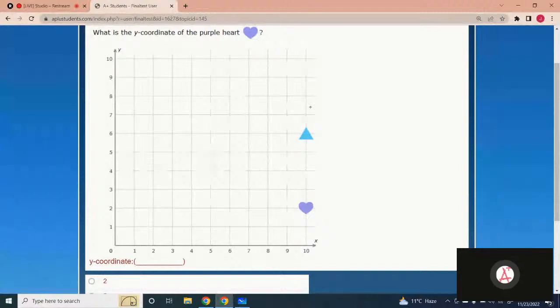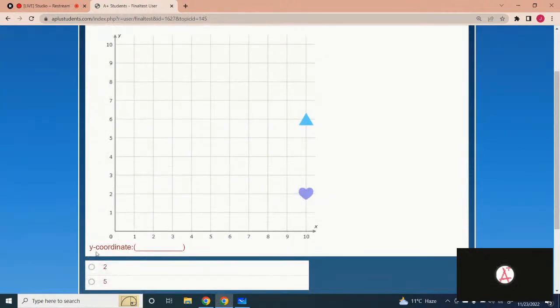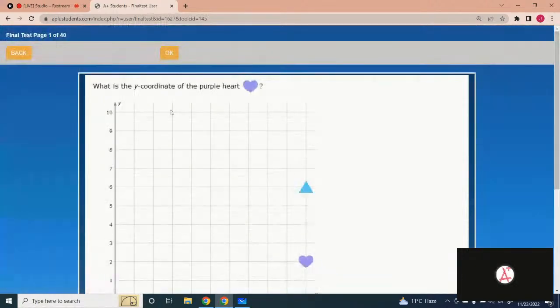So the y coordinate is 2. Just select the correct option and click on the OK button.